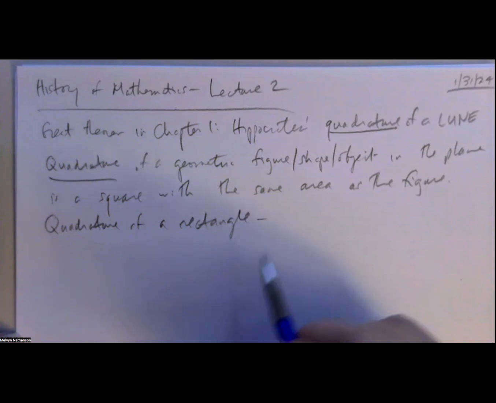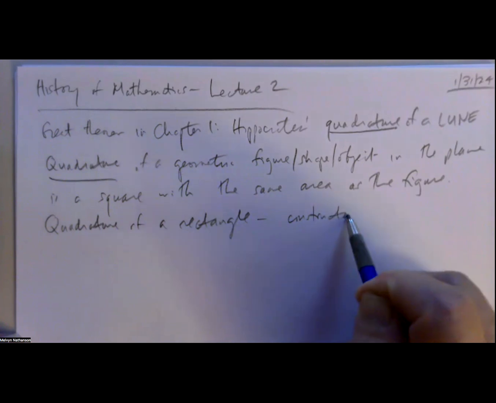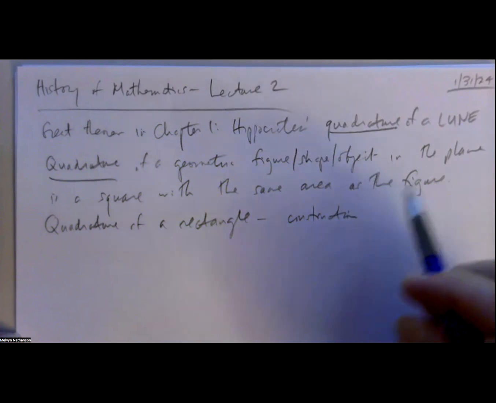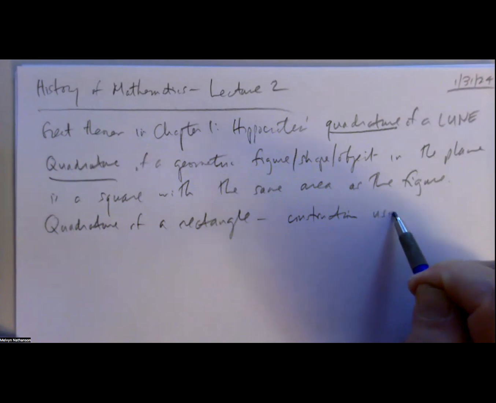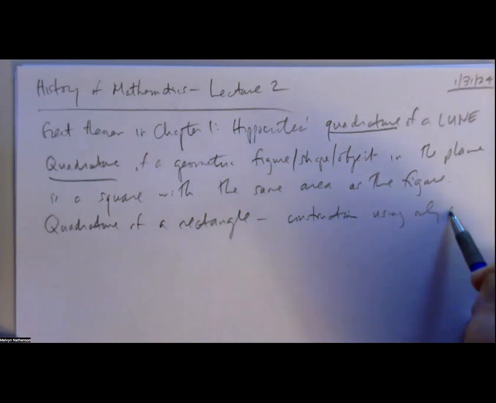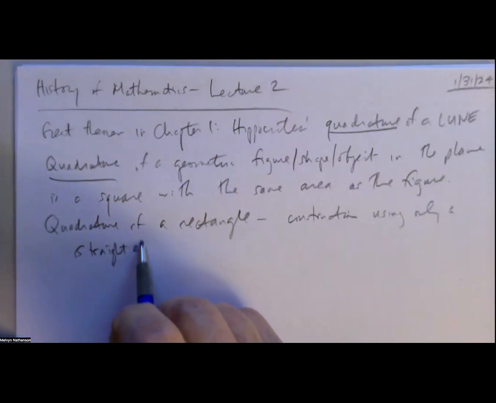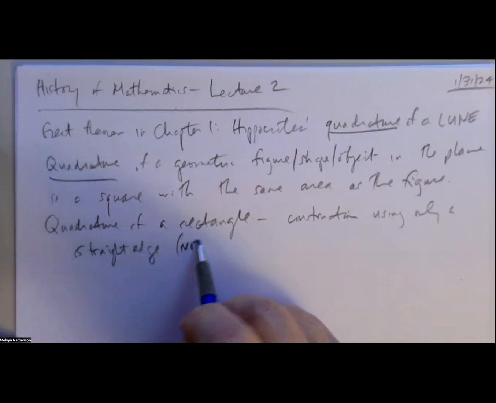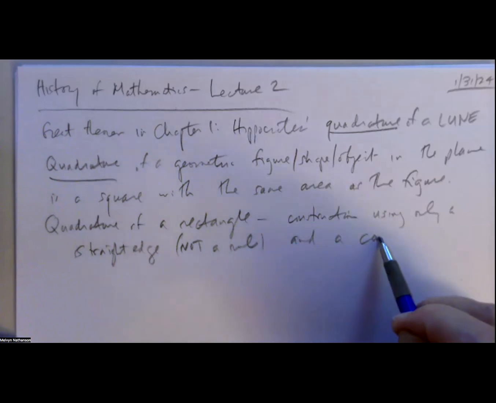And the construction in Greek geometry, in Euclidean geometry, is construction using only a straight edge, which is not a ruler, it's unmarked, and a compass.